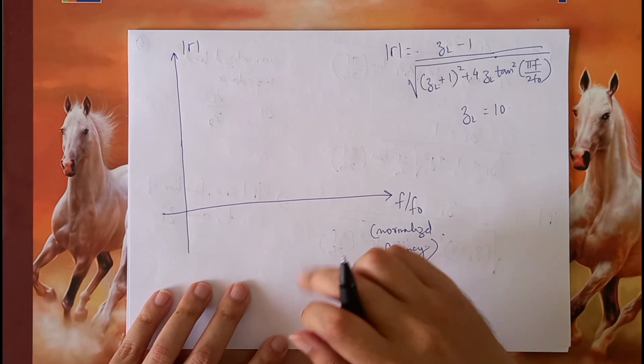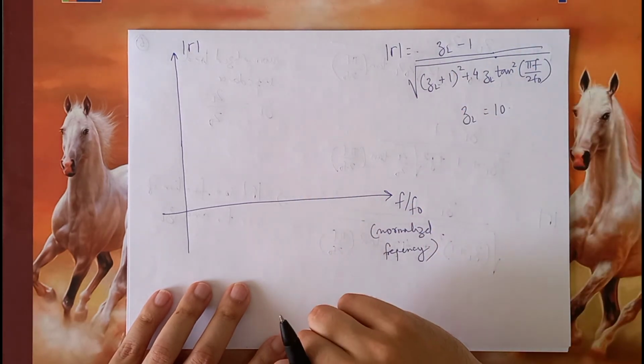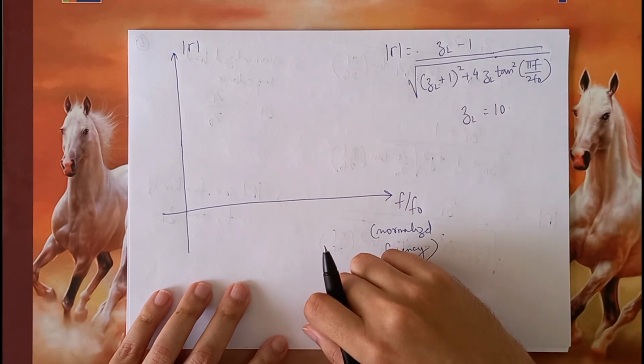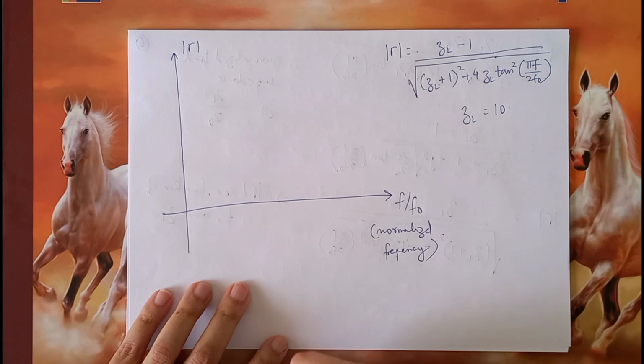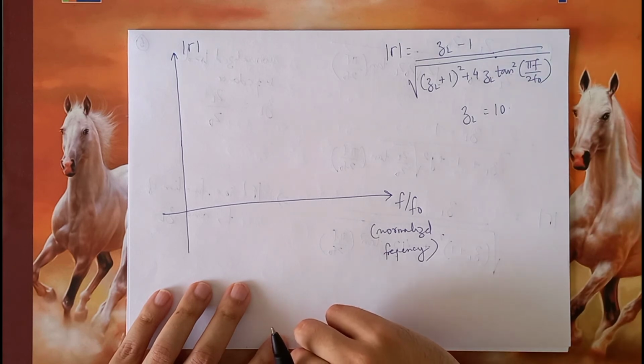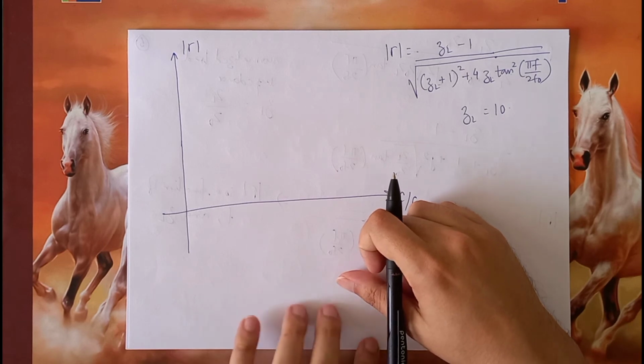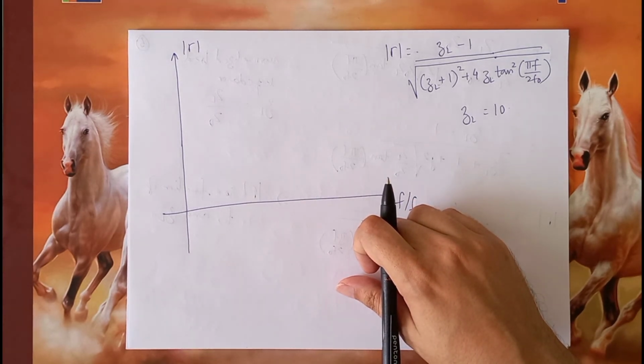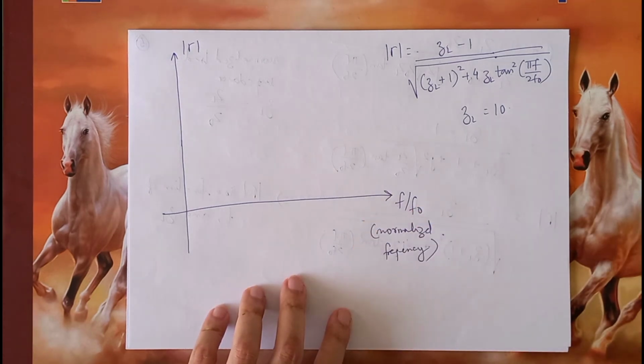Now the question is, when will this quantity become 0? This quantity will become 0 when f by f0 reaches a certain value. So what do you think that value is?